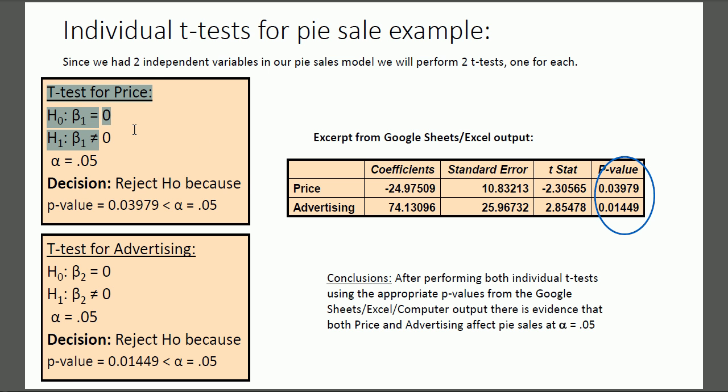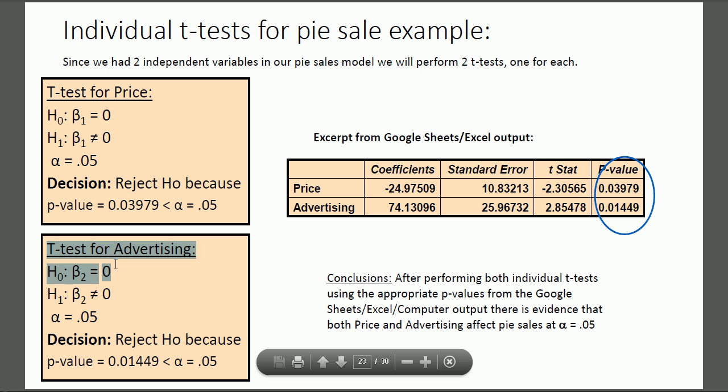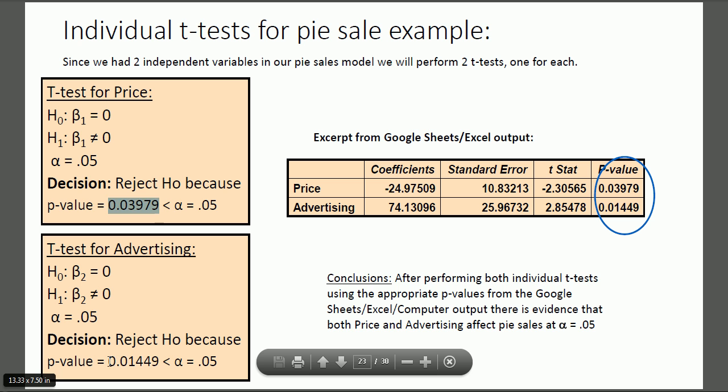Here are the two tests that I wrote a little sloppily. Here are them much more clearly. And by the way, here are the decisions that we just came to together. Here are the p-values that we just pulled out from the computer output. And this is the reason why we reject. This is the reason why we rejected for advertisement.